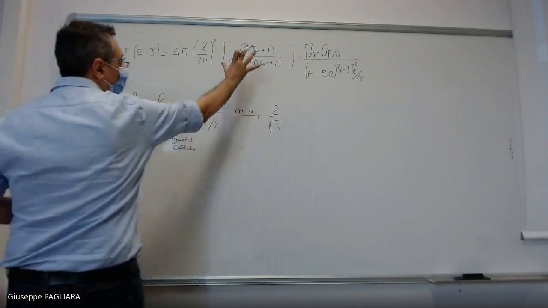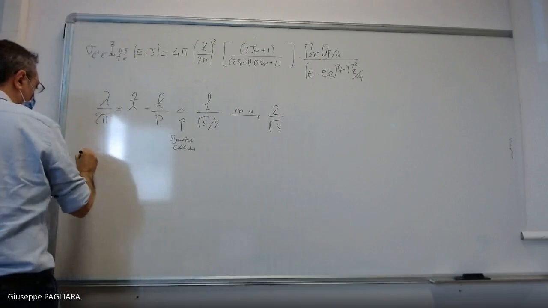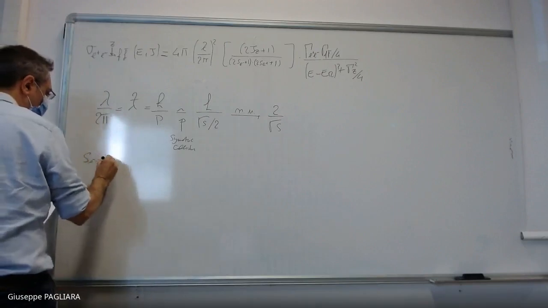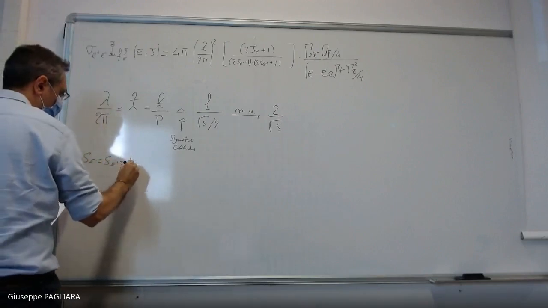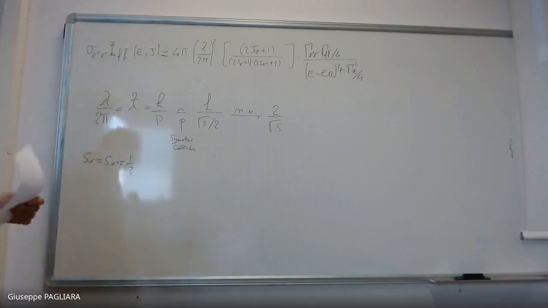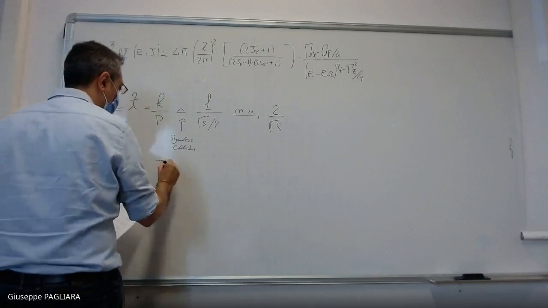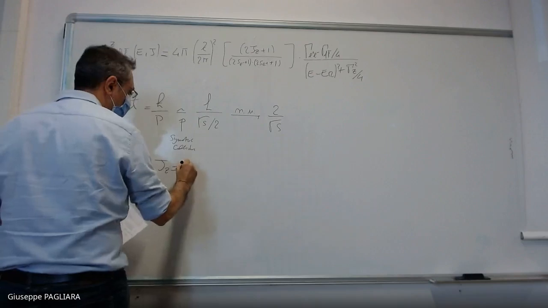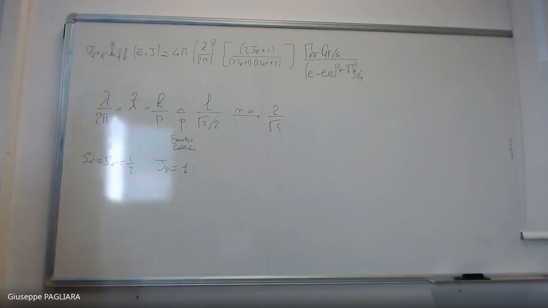Now, let's compute this term here. So we know that the spin of the electron is equal to the spin of the positron, is just 1/2. And we also know that the spin of the Z, the angular momentum of the Z, must be 1, because the Z, as you know already, is a vector boson. Okay? So the spin must be 1.